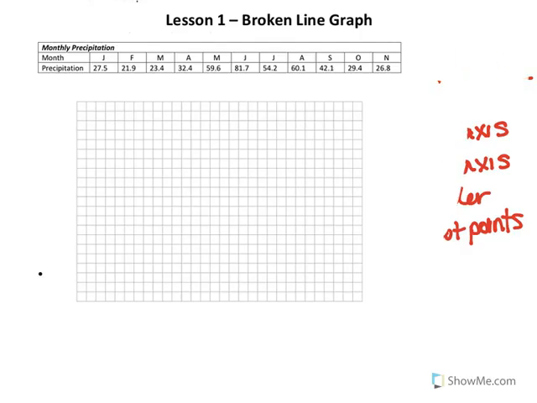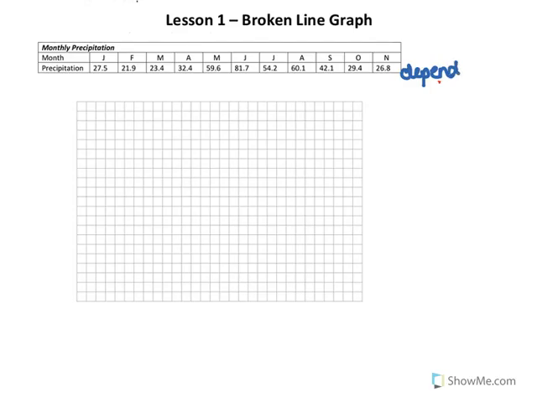So when you begin a graph, what I want you to begin with is deciding what's the independent and what is the dependent variable. For this example, we have monthly precipitation. So the precipitation depends on which month it is. So this is our dependent variable.